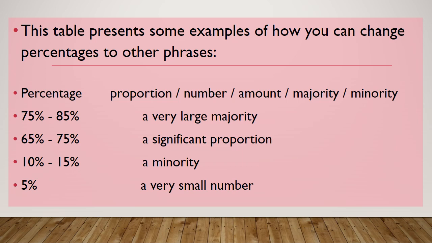If it is 65% to 75%, then we can write a significant proportion. If it is 10% to 15%, then we can write a minority. If it is 5%, then we can write a very small number.